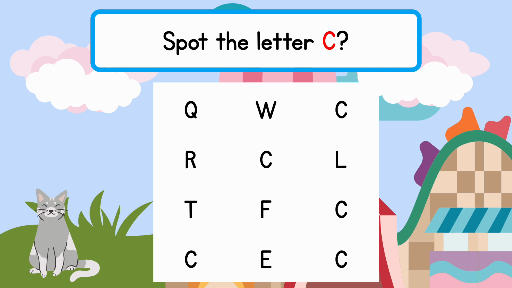Now we got the letters and we're going to find the letter C here. So let's see how many C's we can find. Well done. Shall we color it? Fantastic job. Yes, that's the letter C. Let's have a look for the next one.